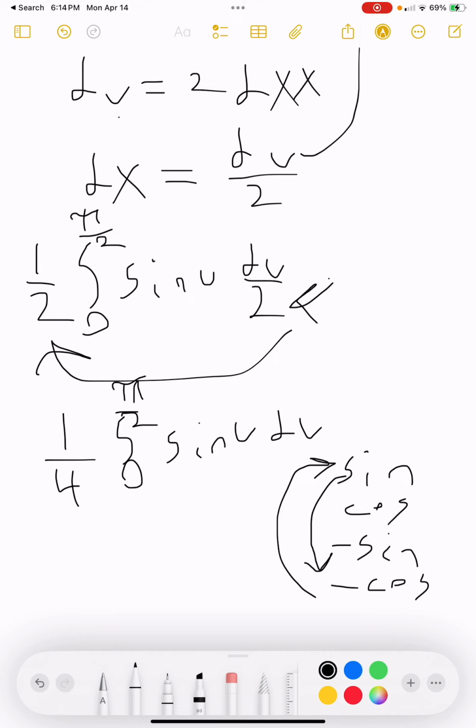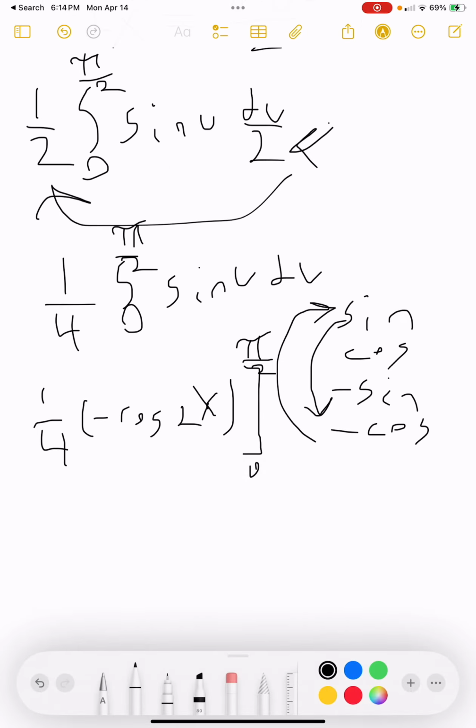So we have 1/4 times negative cosine of u, but we said u is 2x, so we plug that in: 2x, evaluated from 0 to pi over 2.